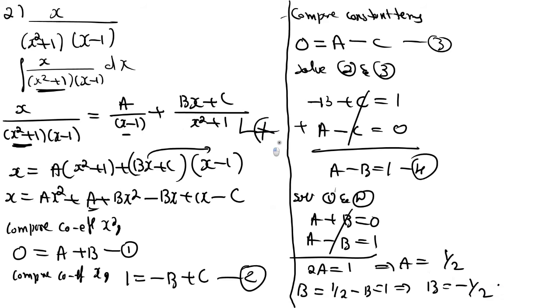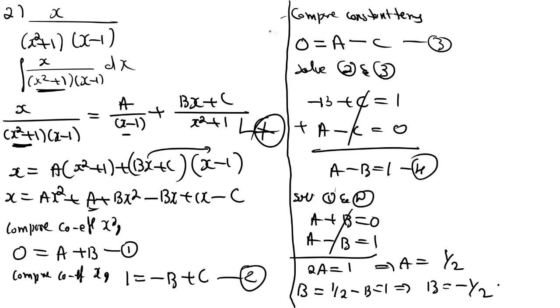Substitute the a, b and c values in equation star. So we have x divided by x square plus 1 into x minus 1 equal to a, 1 by 2, into x minus 1, plus b value, which is minus 1 by 2, x, bx plus c. The c value we still need to calculate.